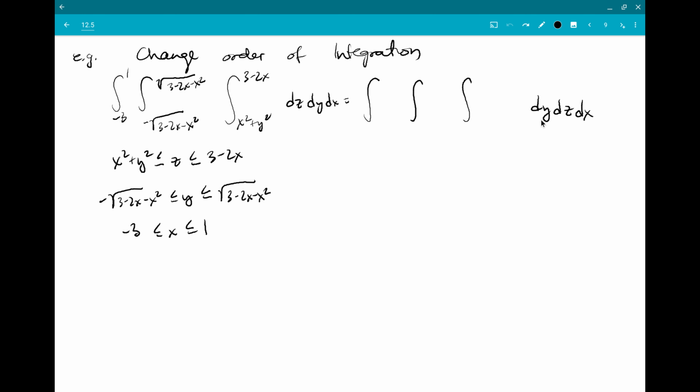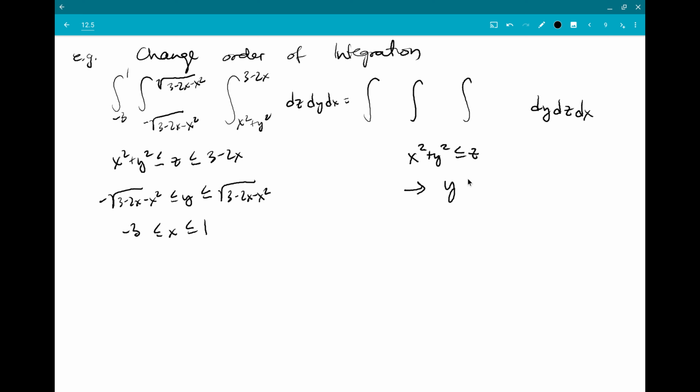So the first one is y, and I know that means it can depend on z and x. So I look at the information I had before and find something that depends on x, y, and z. So I had x squared plus y squared is less than or equal to z. And if I want to change this to bounds for y, I have to notice that this is a circle.